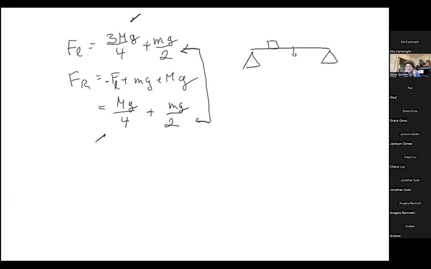And so I could have given it a free parameter, like how far is the box from the end. And as you get closer and closer to the left scale, you're going to get all of the weight on the left scale. And if it gets closer to the right scale, all the weight's going to go on the right scale. And it's essentially linear, right? So if we had done that as a free parameter, you would have found that it was linear.